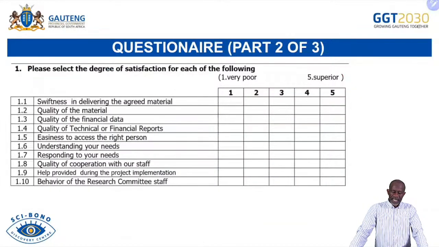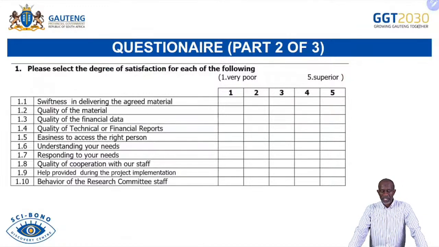Typical questions that are asked in a questionnaire are on a scale of 1 to 5, 1 being very poor service level, and 5 being superior or excellently satisfied with the products or services that you have received.